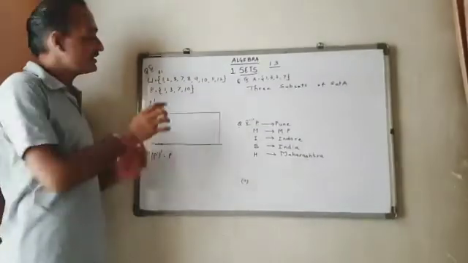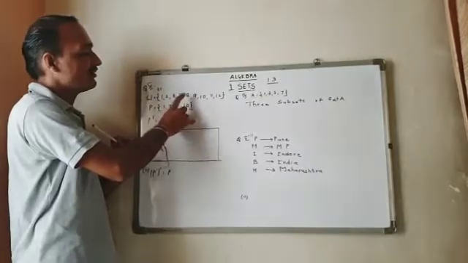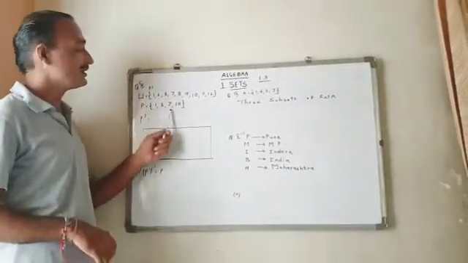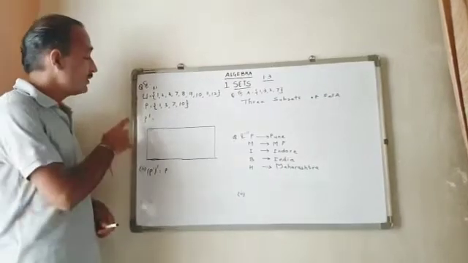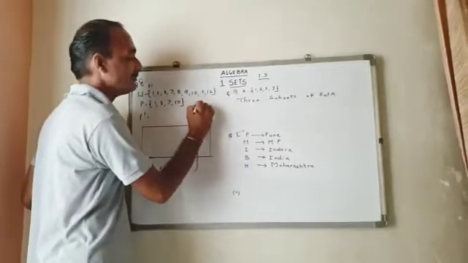Question number 3, what does it say? Universal set is a set of 1, 2, 3, 7, 8, 9, 10, 11, 12. P is a set of 1, 3, 7, 10. Now what is this? P complement. What is P complement? It's a simple thing.